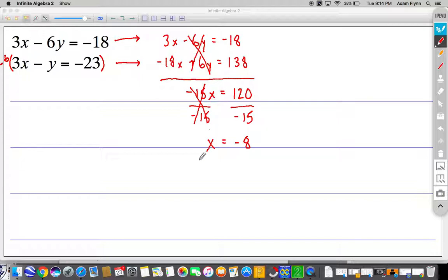So now that I know what x is, I can pick either my top equation or my bottom equation and plug in negative 8 for x. So let's do the bottom equation. Instead of x, I'm writing negative 8. Three times negative 8 is going to be negative 24.